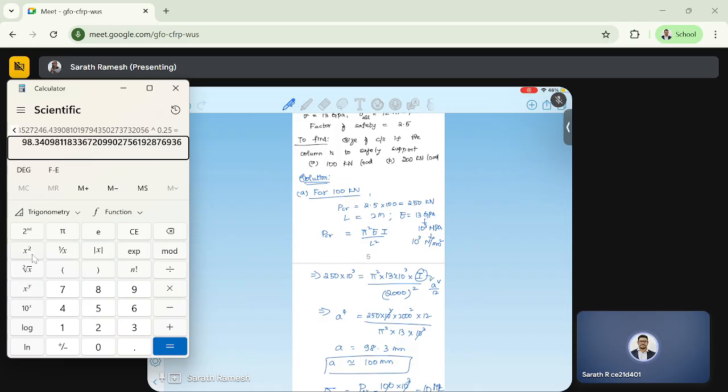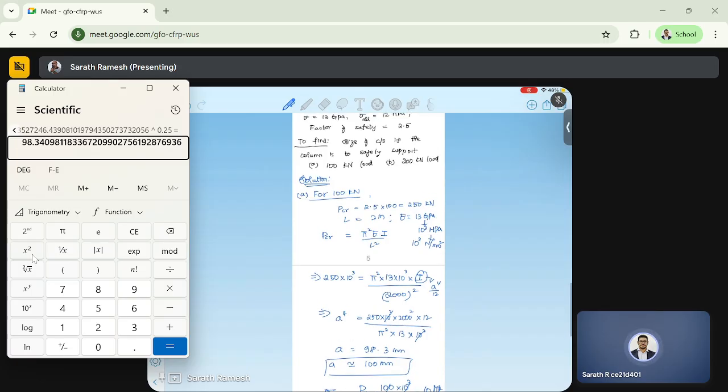Even though 100 is the maximum, we don't know, tomorrow anything can happen. There may be an earthquake, it can be anything. That's why we use the factor of safety. And there are a lot of uncertainties involved in the materials and in the construction. So we will play safe.